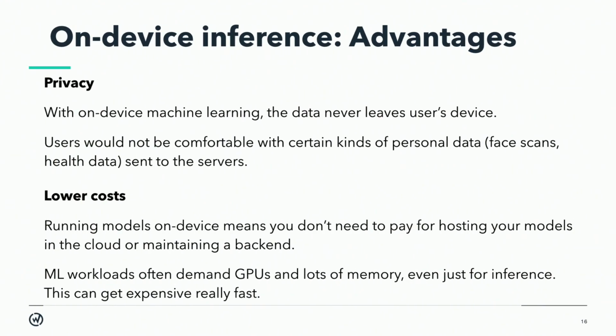Another advantage is privacy as well, because the data will never leave the user's device, and if your application is handling some kind of personal data, like for example face scans or health data, majority of people wouldn't be comfortable of that data being constantly sent to servers. And then also another advantage is lower cost, so that means that you don't have to pay for hosting your models in the cloud or maintaining your own backend.